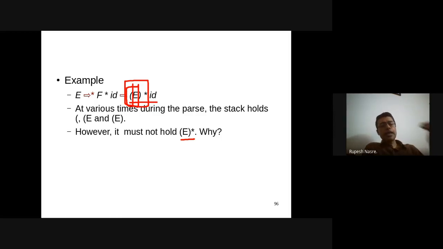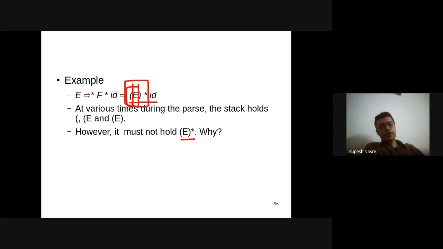The reason being that as soon as you see opening parenthesis E, closing parenthesis, and the lookahead is star, you have to replace this with F. Because F deriving ID or parenthesized expression is a production, and follow of F contains star, and therefore as soon as this appears on top of the stack, you need to reduce it.